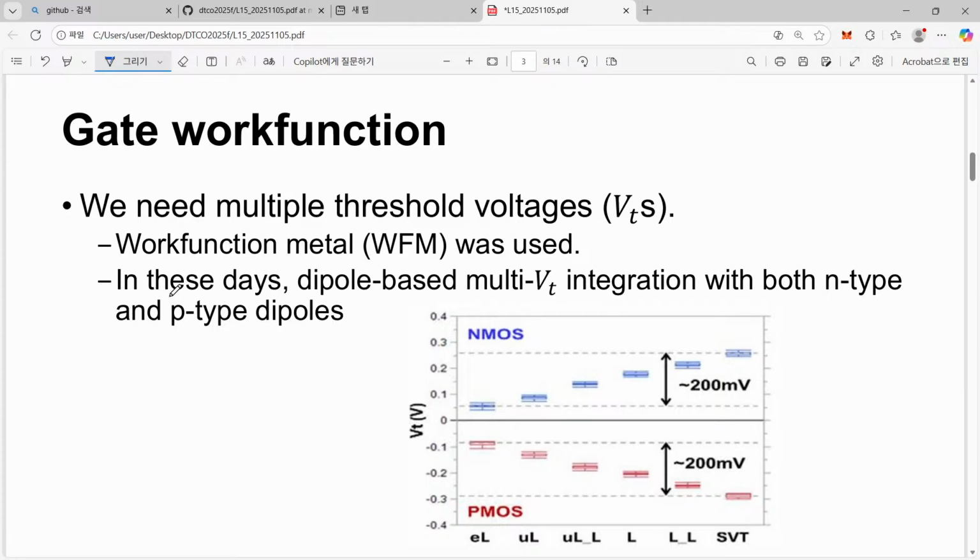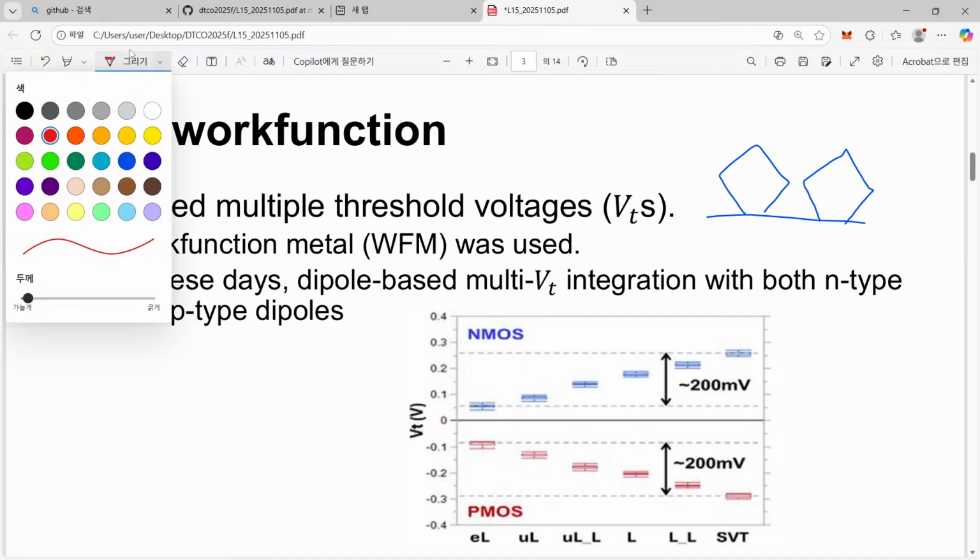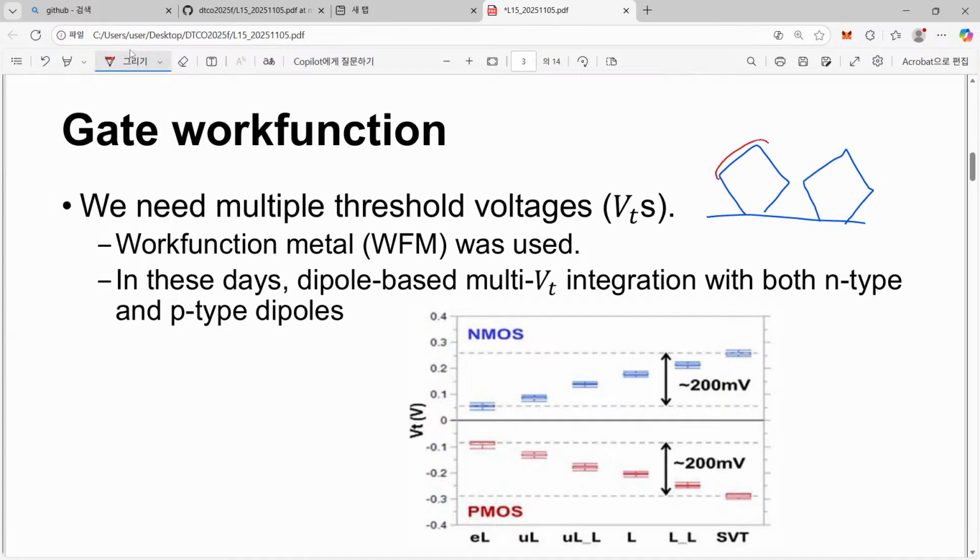So up to now we have fabricated the source and drain, and once we make this epi, then on top of this source drain epi we also make silicide. So we introduce a certain metal, and that is silicided.